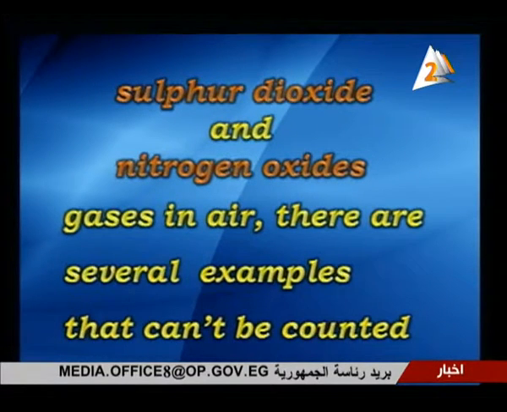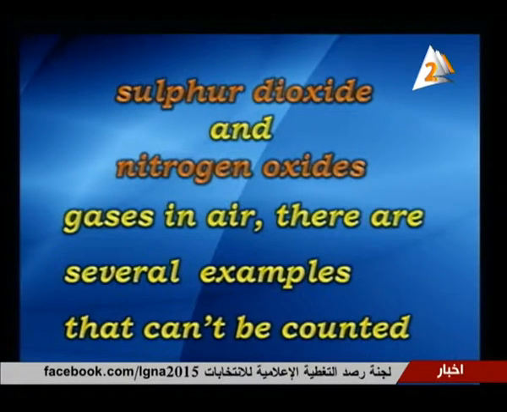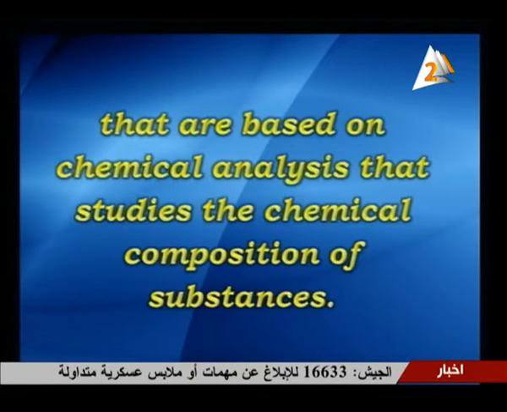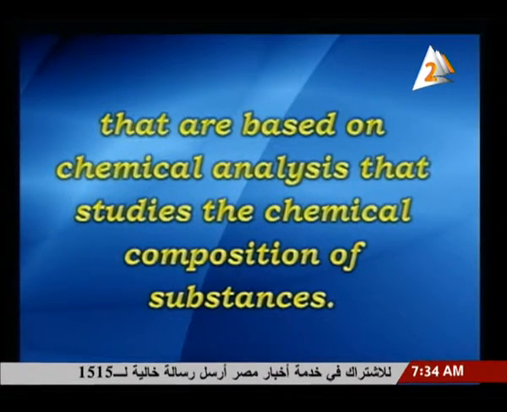So here we have sulfur dioxide and nitrogen dioxide gases in air. There are several examples that can't be counted that are based on chemical analysis, which studies the chemical composition of substances. It means without these topics we can't study. Let's fly to the important topic. It's what?